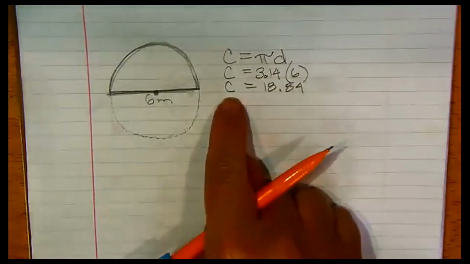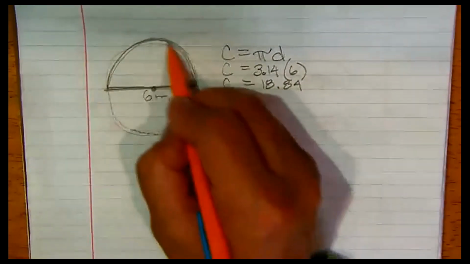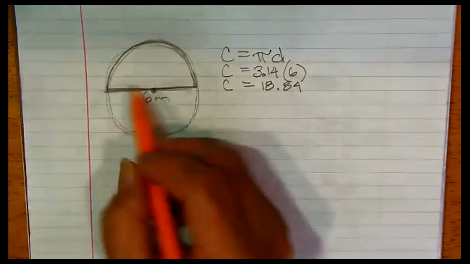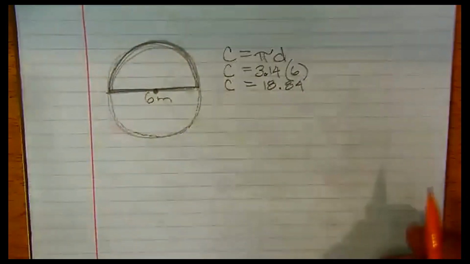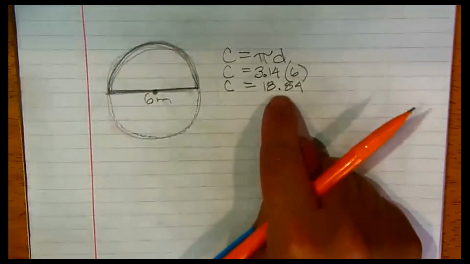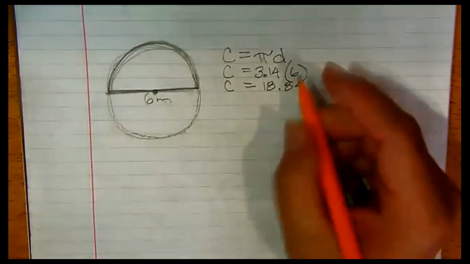So the circumference is equal to 18.84. But this is the circumference of the whole circle. We only want the circumference for half of the circle. So I'm going to divide this by 2.